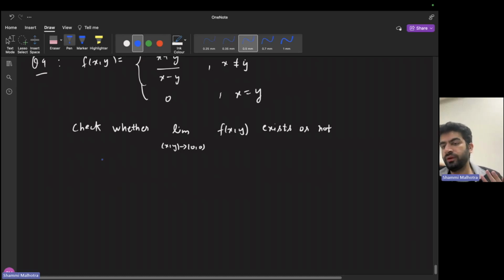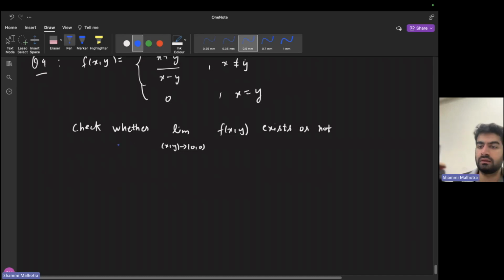But as soon as the degree of the numerator turns out to be less than or equal to the degree of the denominator, there's a very high chance that the limit does not exist at some point. Generally the point where the limit will not exist is the point where the denominator has singular points. So what do I mean by singular points? They are basically points where the denominator vanishes.